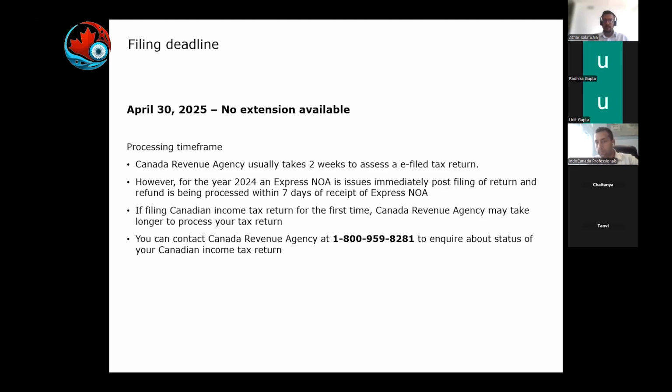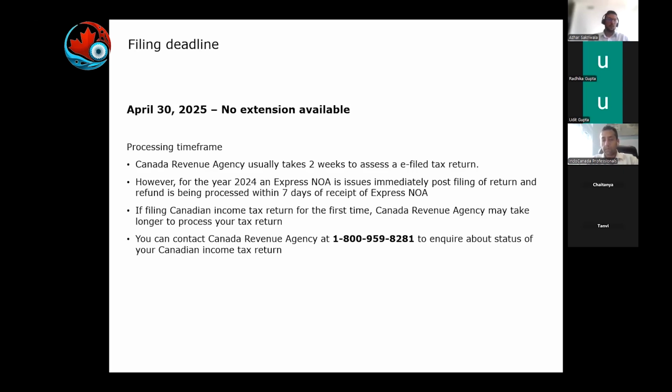Once the return is filed, the CRA usually takes around 2 weeks to assess your return and issue a notice of assessment. But before they issue a final notice of assessment, they also issue an express notice of assessment on the online portal. The express notice of assessment is issued within 7 days of filing your tax return online. And if there is any refund due to you, that will be credited into your bank account.